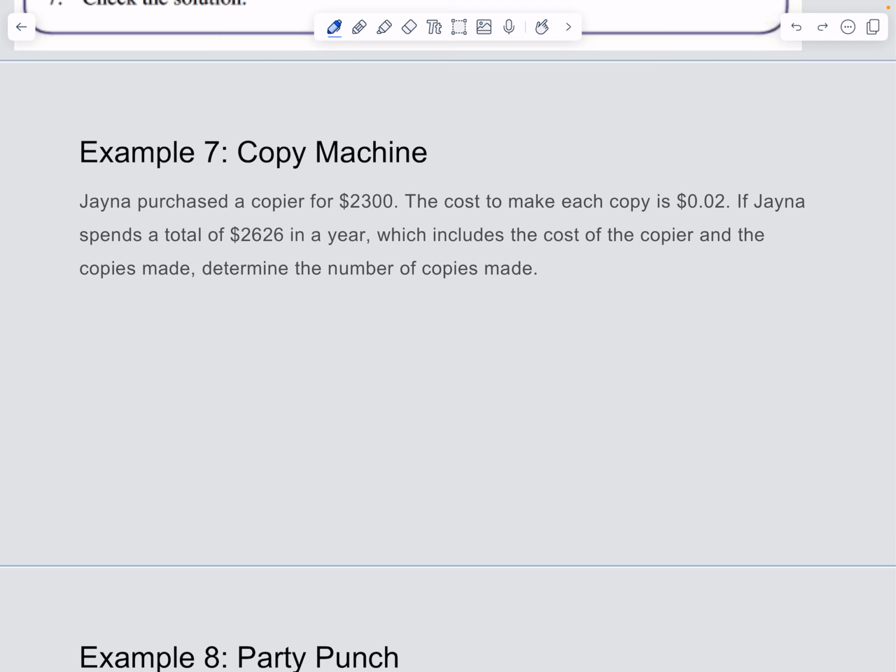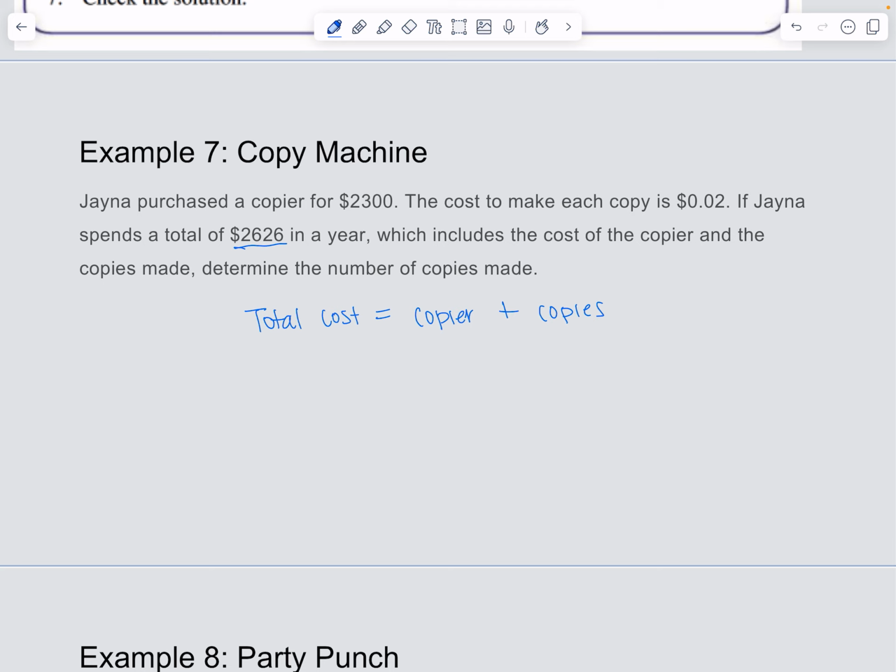We know that the total cost here is made up of the copier and the copies put together. So if we know the cost of the copier and we add that to the cost of the copies, we will have the total cost. It tells us that the total she spent was $2,626.